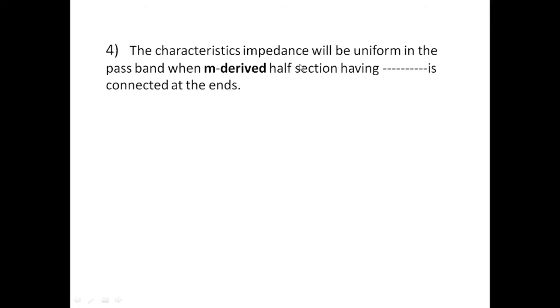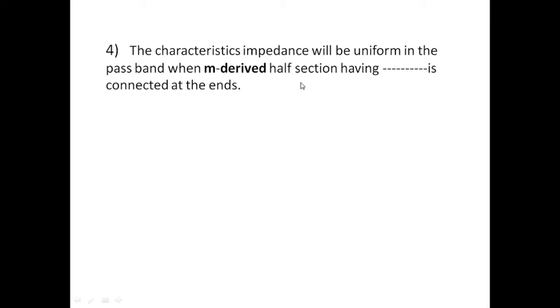Now the fourth question: the characteristic impedance will be uniform in the pass band when an m-derived half section having dash is connected at the ends. I told you, one of the disadvantages of the constant K filter is non-constant image impedance. So we have to get the uniform characteristic impedance in the pass band.